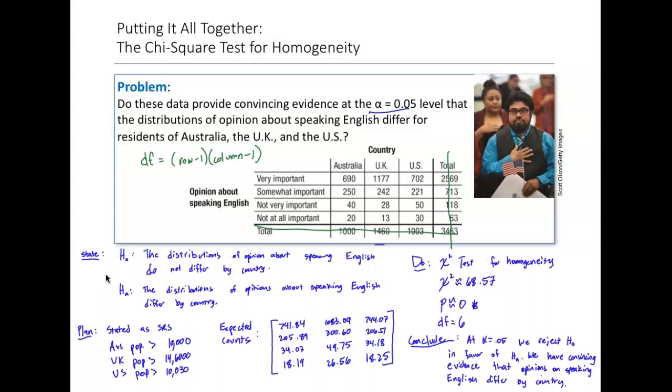For example, we observed 690 people from Australia said that it's very important to speak English versus what was expected was 741. So that's a pretty significant difference when you compare that to the observed versus expected for the UK, which was actually pretty close, or the US, right? Which was also at least closer than what we would have expected from Australia.